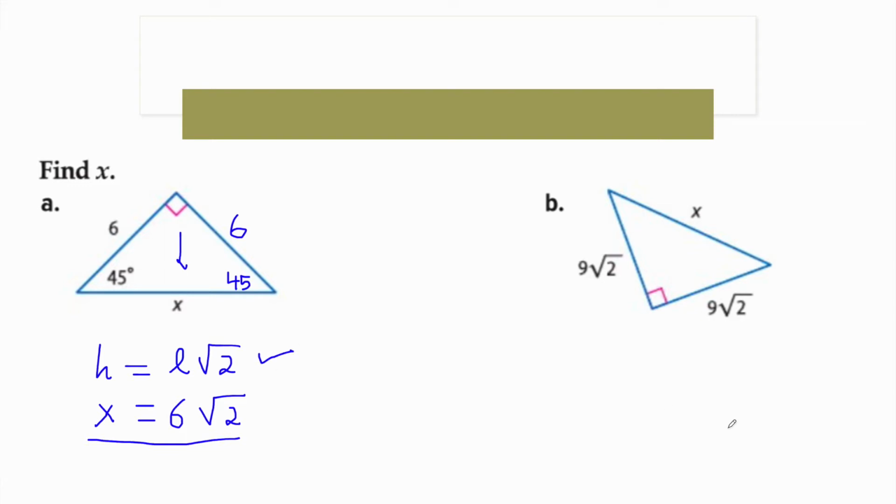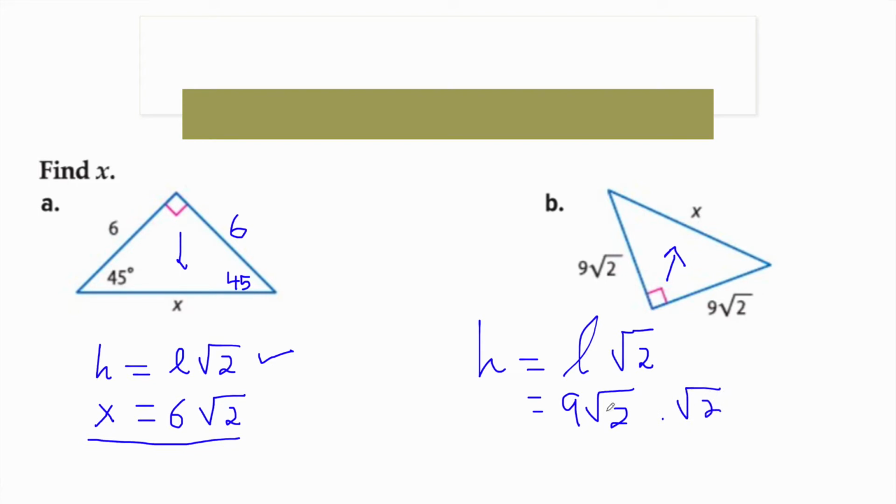Now let's try this side again. We are still looking for H. Our rule for H is equal to L root 2. What is our length? Our length is 9 root 2 multiplied by root 2. Root 2 multiplied by root 2 will give us 2.